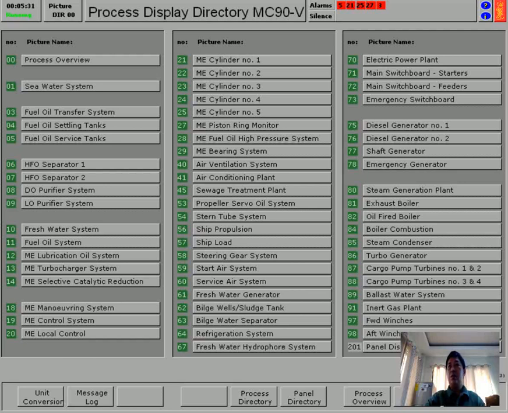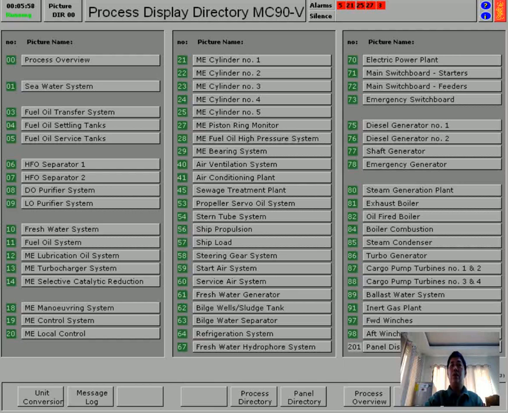Let's start with the automatic starting and stopping of the prime mover. Next, we will discuss also the automatic synchronizing and automatic load sharing.